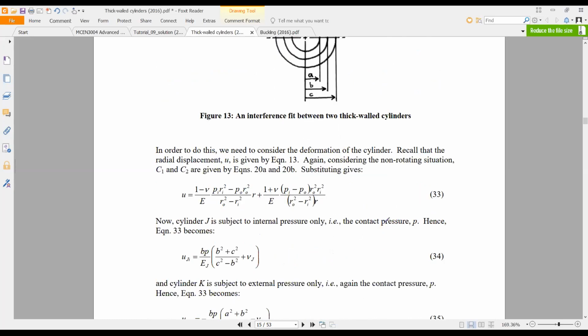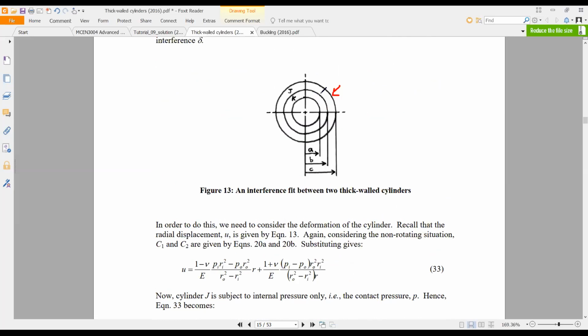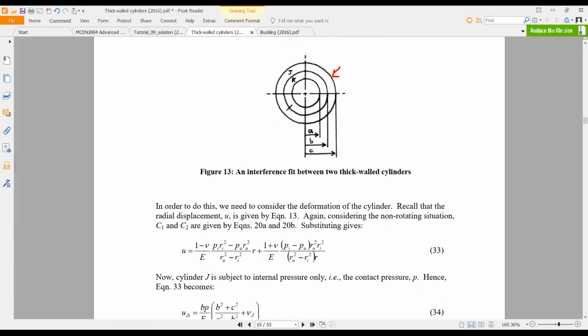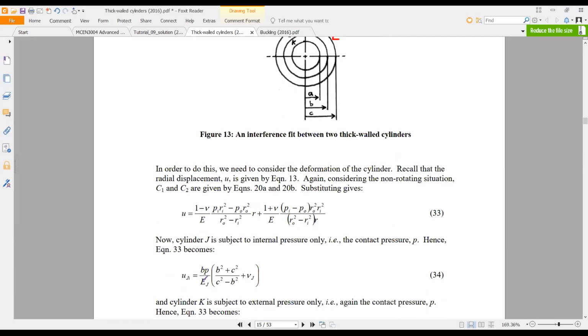Then that contact pressure, it is a simple P kind of notation. Then the radial displacement of the J cylinder, we can get the equation like this.